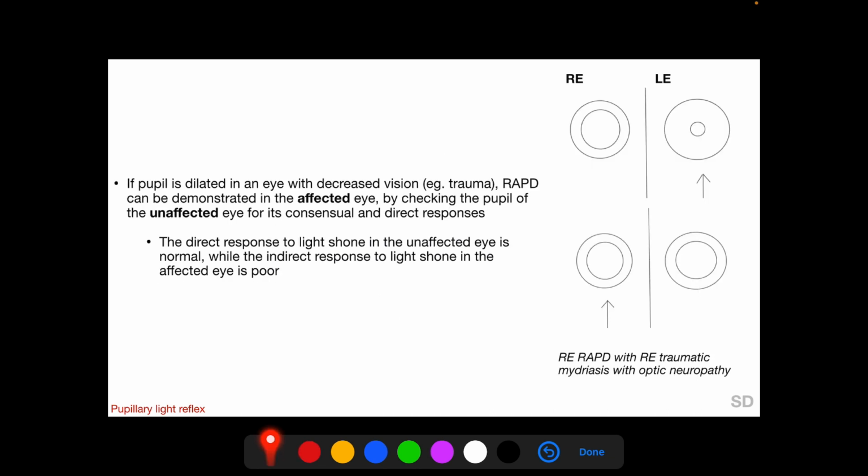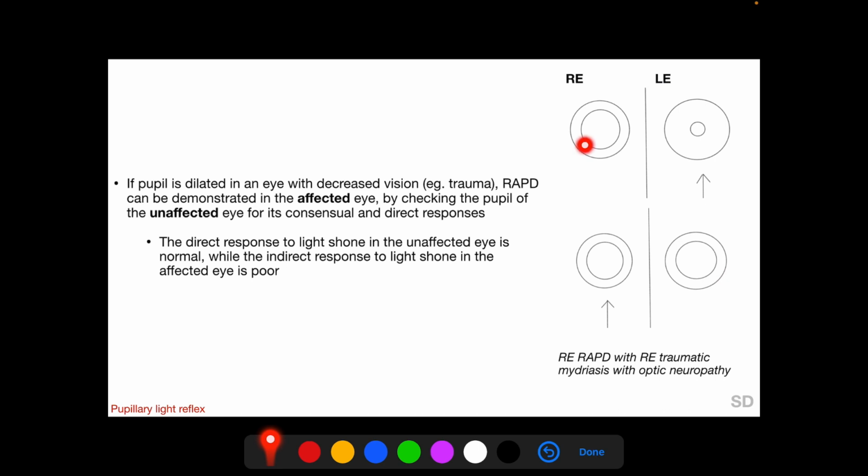If the pupil is dilated in an eye with decreased vision, as may happen in trauma, a trauma can cause injury to the pupil and the optic nerve separately in the injured eye. The RAPD can be demonstrated in the affected eye by checking the pupil of the unaffected eye for its consensual and direct responses. The direct response to light shown in the normal eye is normal, while the indirect consensual response of the normal eye when light is shown in the affected eye is poor.